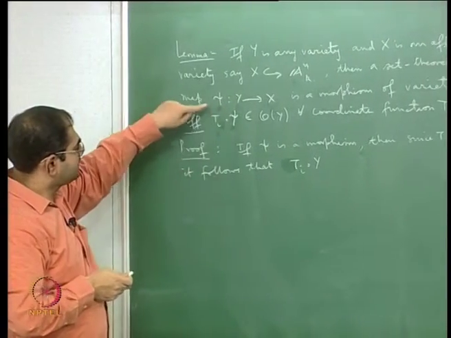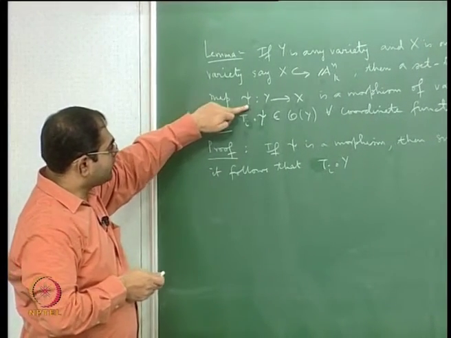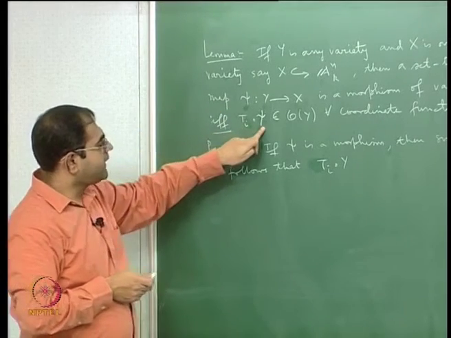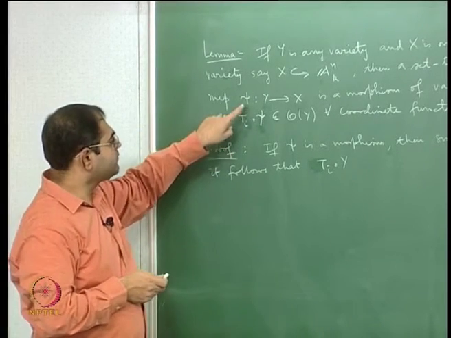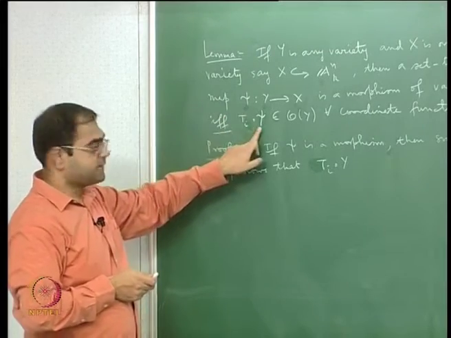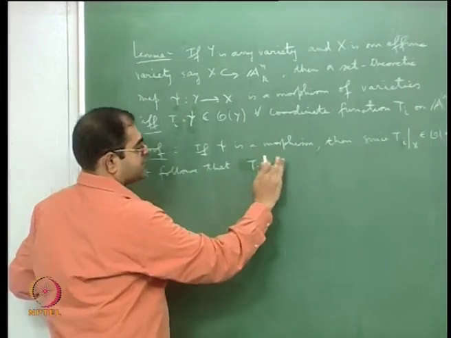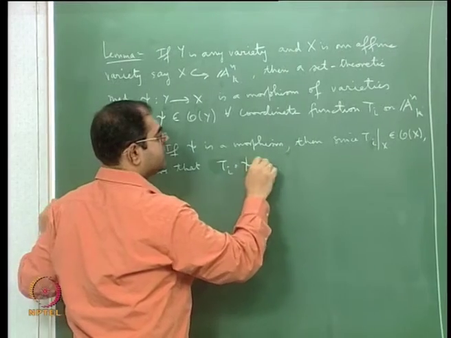That's wrong notation. Ti circle y doesn't make any sense. I should compose ti with psi, please correct that. So ti circle psi will of course be a regular function on y.